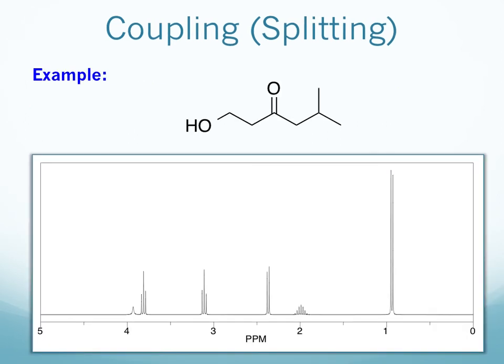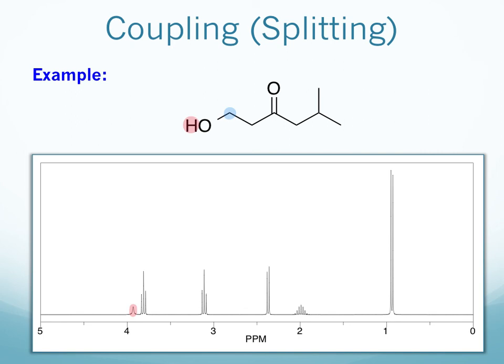Finally, let's just take a look at a spectrum and go through some of the different splittings. First, the easiest one to point out is the alcohol OH, and it shows up here as this broadened singlet. Okay, next, if we look at this CH2 group, what would we expect that to be in terms of coupling?